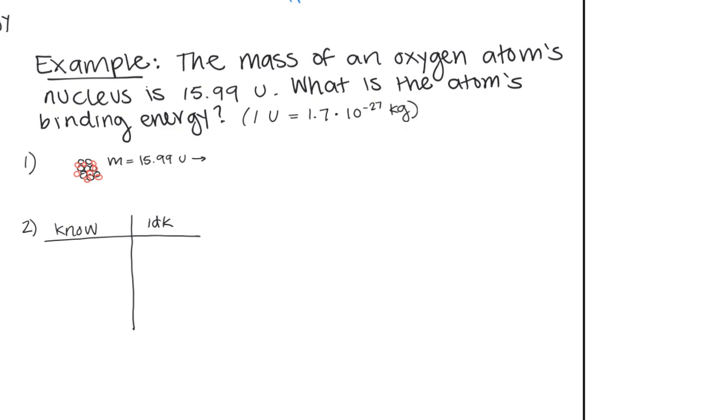So for the sake of math and for simplicity, let's go ahead and convert this number into our standard unit of measurement, which is kilograms. So to convert 15.99 U into kilograms, we are simply going to multiply 15.99 times 1.7 times 10 to the negative 27th.